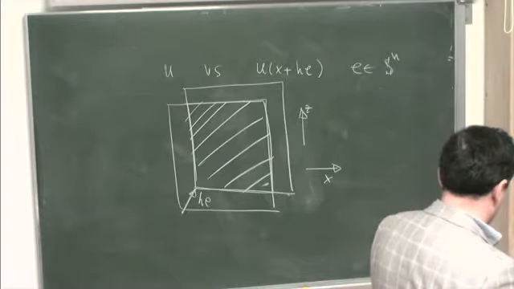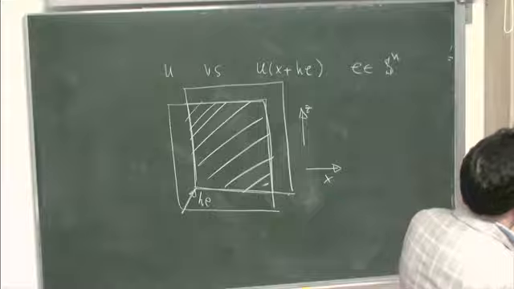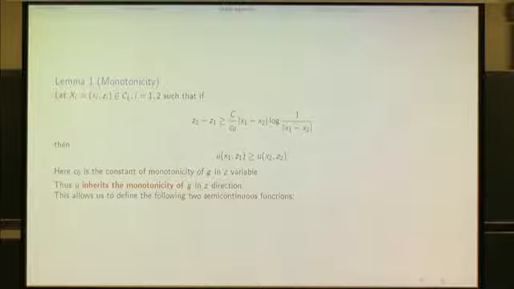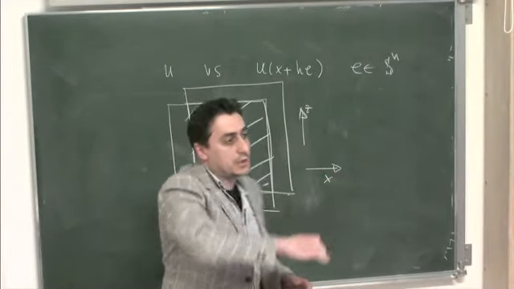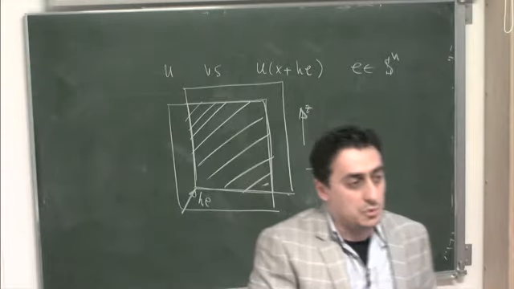So if you try to compensate between the vertical and horizontal movement using this inequality, then in fact you can get that this inequality is satisfied. In particular, if you move only in the z direction, so there is no movement in the horizontal direction, then you're going to get the usual monotonicity.